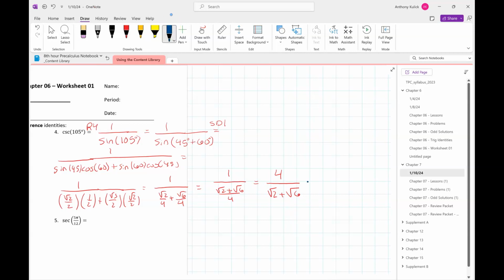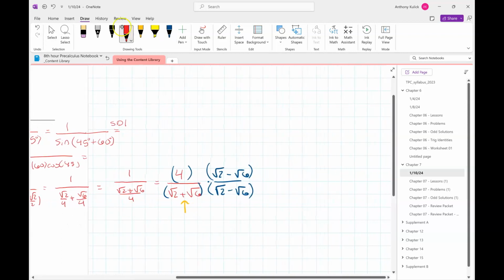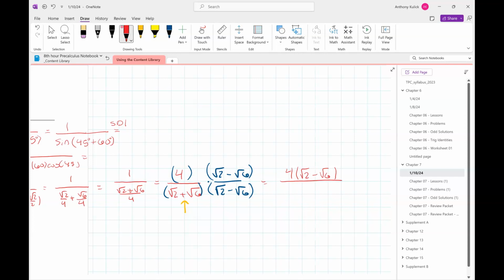And so now all I need to do is rationalize my denominator. Because there's addition and subtraction there, I'm going to be using the conjugate. That's the same thing as the denominator, just with the opposite sign. Because Mr. Kulik can kind of see where this is heading, he's going to opt not to distribute the numerator out.